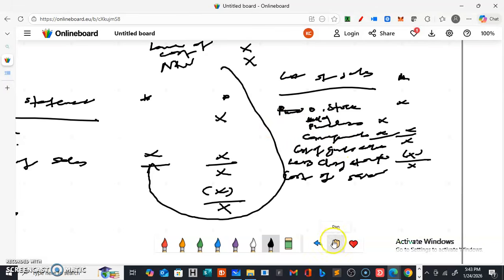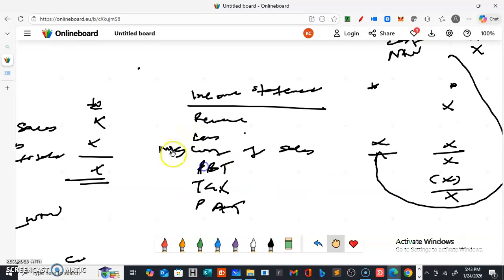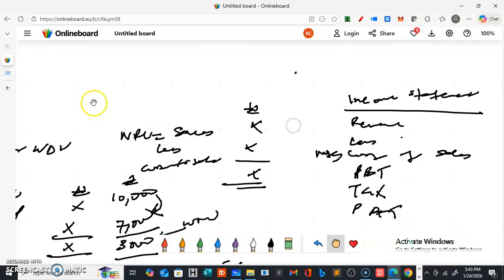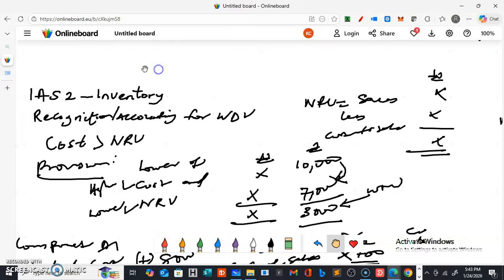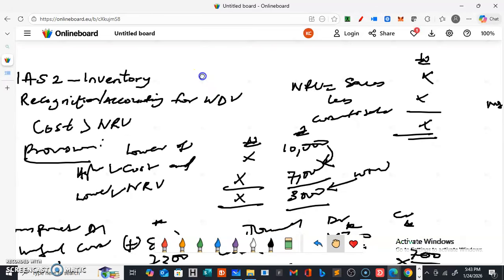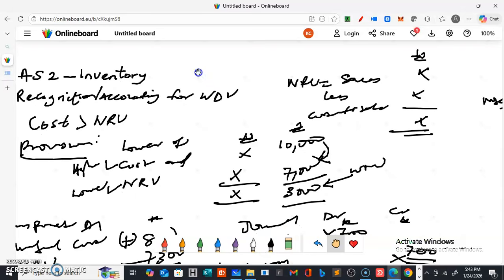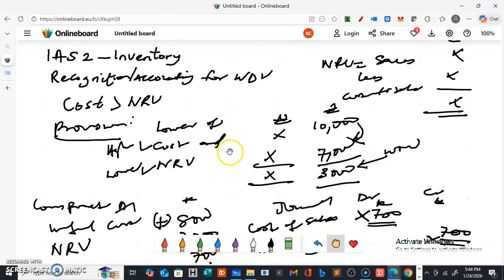There are times when there will be a loss due to the difference between the cost and the net realizable value. When the cost is higher than the net realizable value, we recognize the WDV, the written down value, into the account. In the case where the NRV is higher than the inventory cost, we do a reversal.